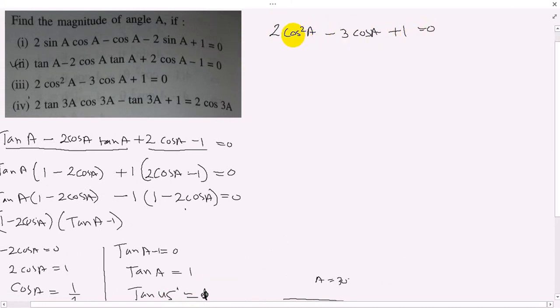See this, here it is cos square A and here it is 3 cos A, and it is 2 here. So what can we take common? We can take a 1 cos common.